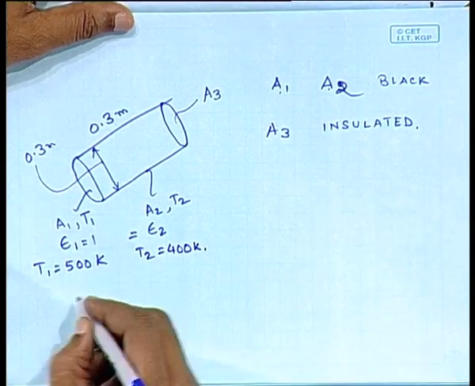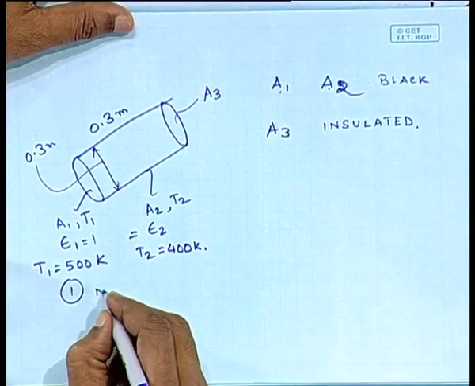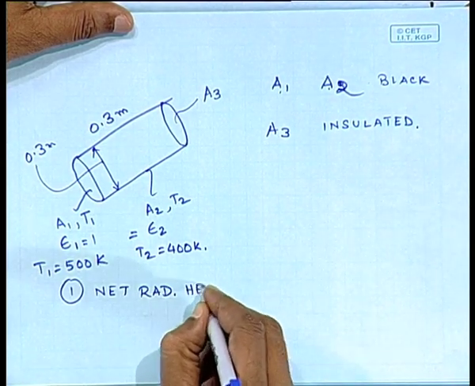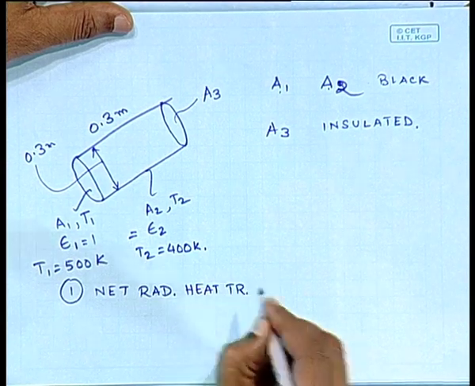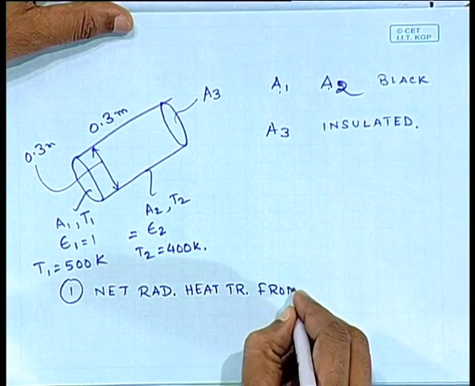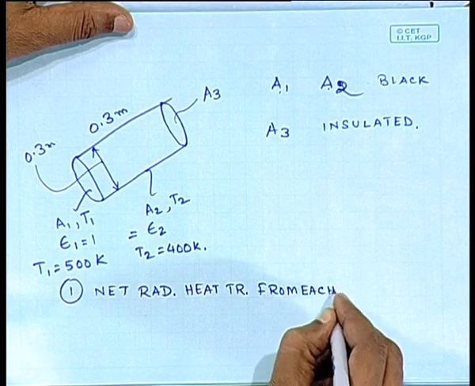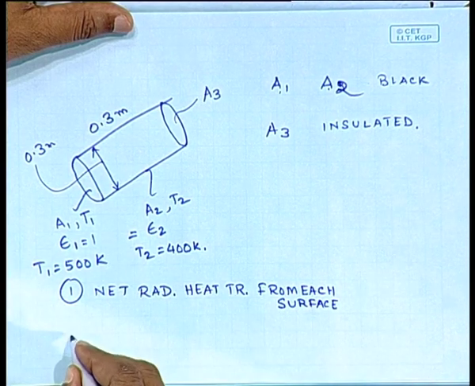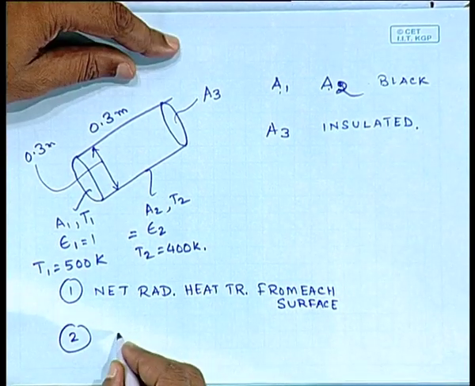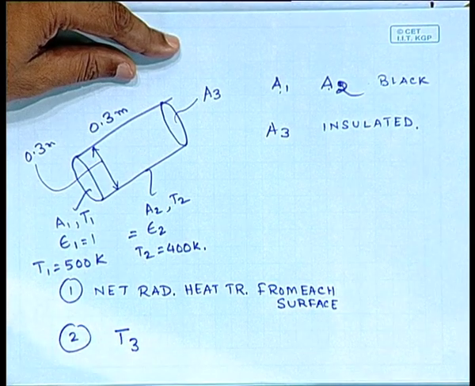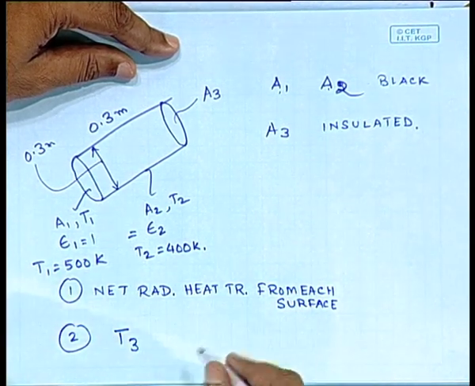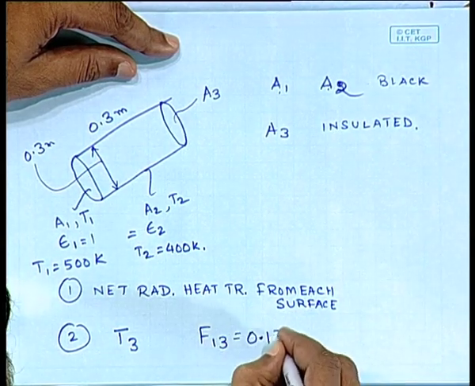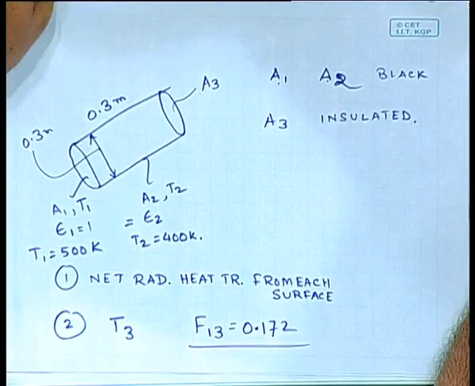What you have to find out first is the net radiation heat transfer from each surface, and the second is the temperature of surface A3, and it's given that F13 is 0.172. This value is given.